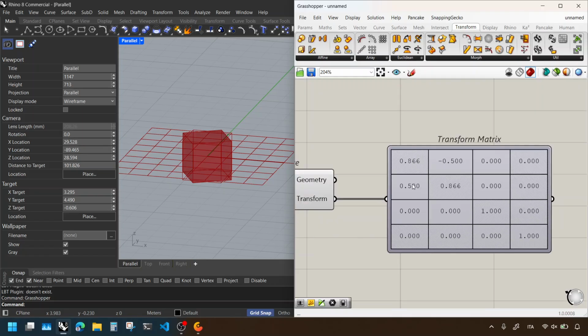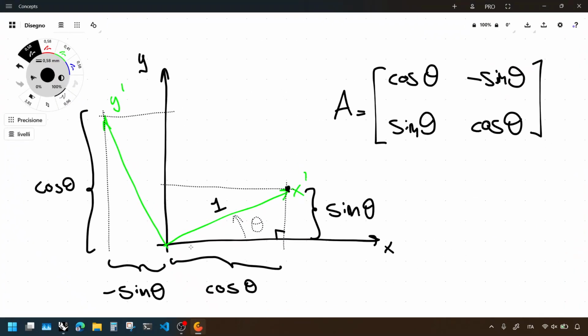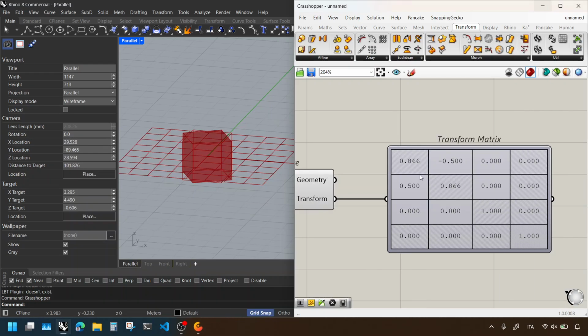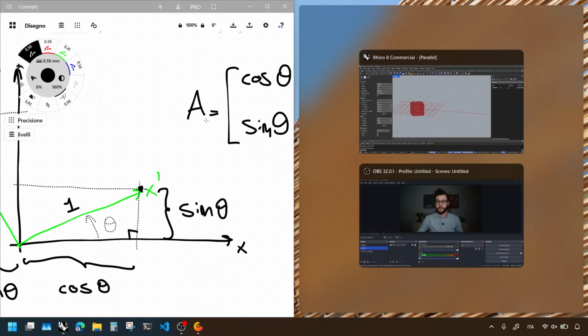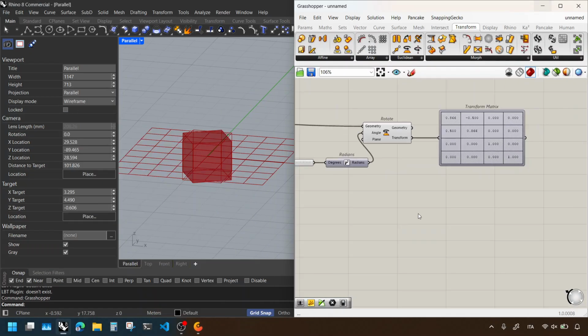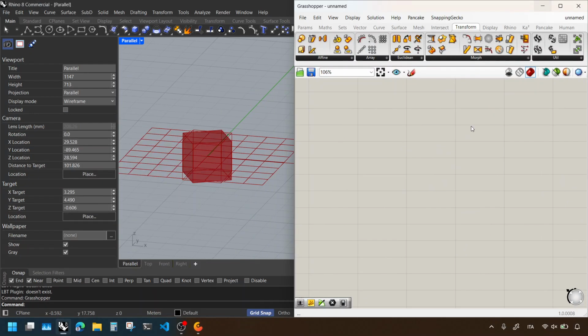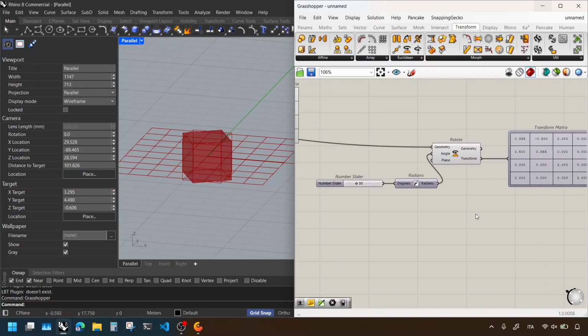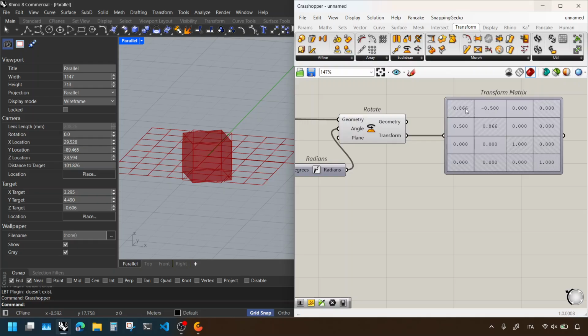And indeed you get minus 0.5 here and 0.86 here, which is what you expect. 0.86 is the cosine and 0.5 is the sine. So this is the same thing. Let's put them side by side: minus sine, sine and cosine, cosine. So shear is really the same as rotation, but you just have one of the coefficients. In this case, you have four, the first 2 by 2 matrix filled.